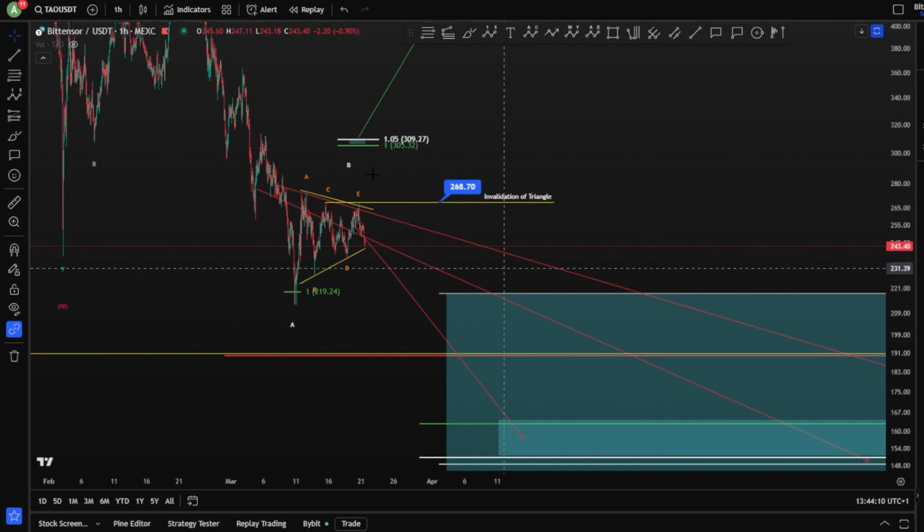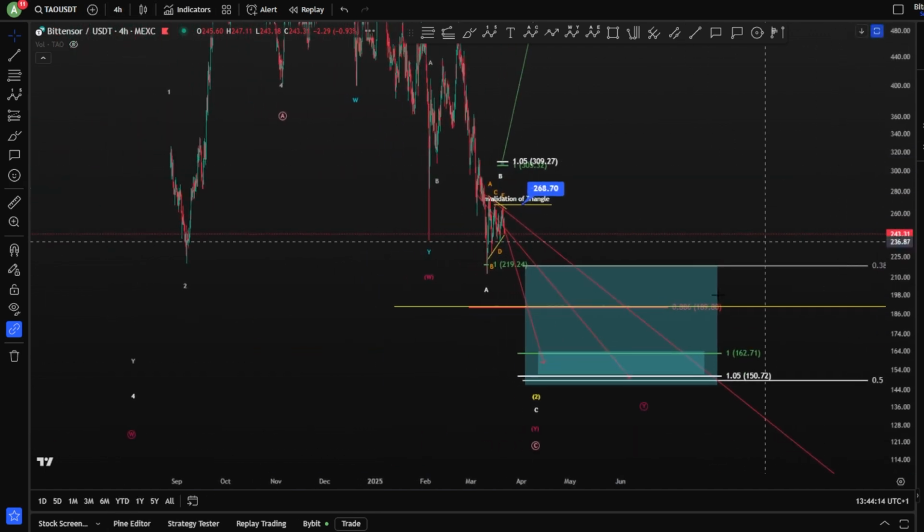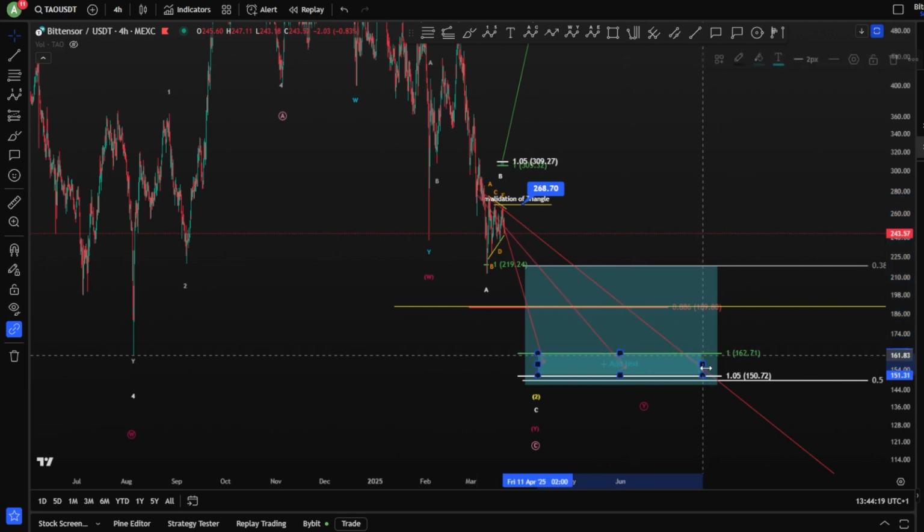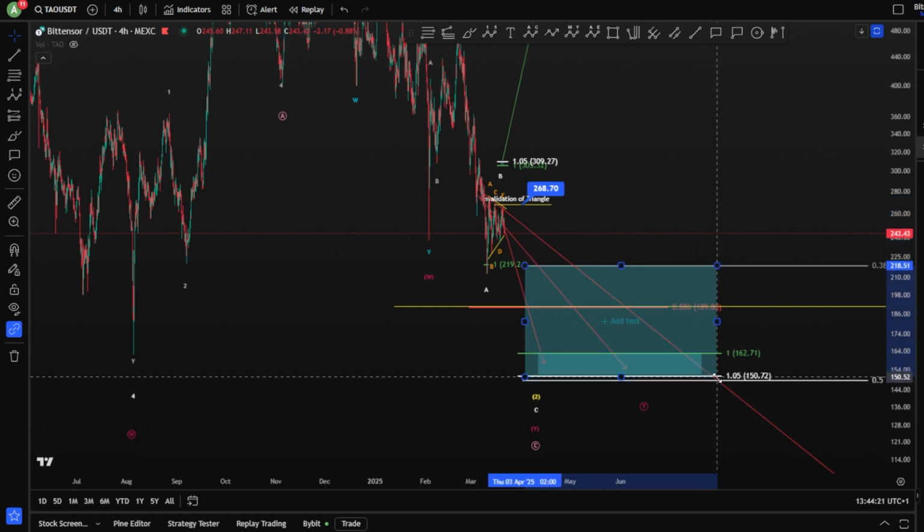And this scenario, as you can see in the arrow here on the bigger view, let's see the overview a little bit. We are expecting it with this arrow anyway to hit the 1-to-1 fib level here with the common targets for these blue boxes here.